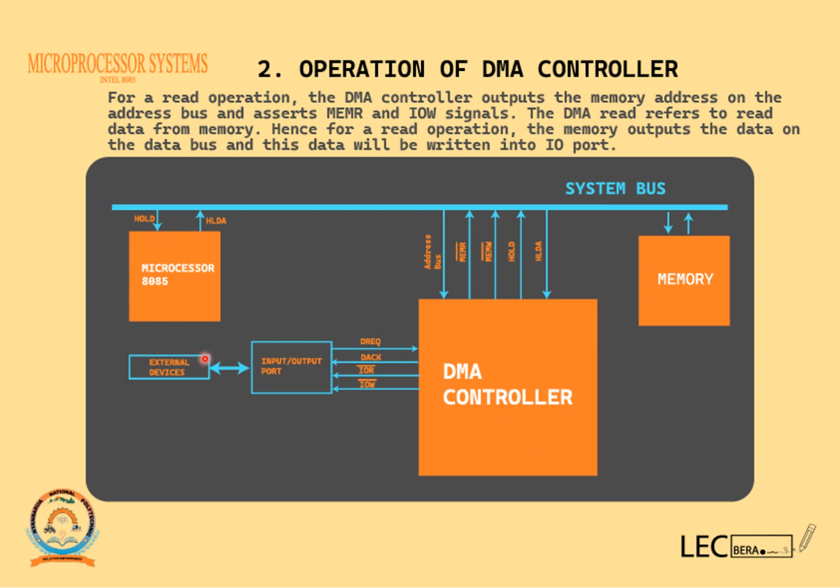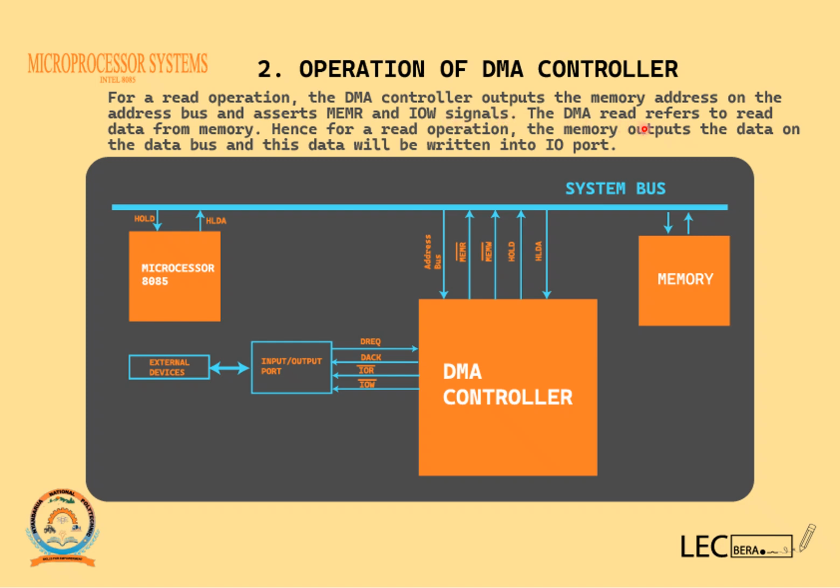Now we have to exchange data, and as I have said, it can be either from the memory to the external devices or from the external devices to the memory. So let us start with the read operation. For a read operation, the DMA controller outputs the memory address on the address bus and asserts the memory read and input-output write signals.